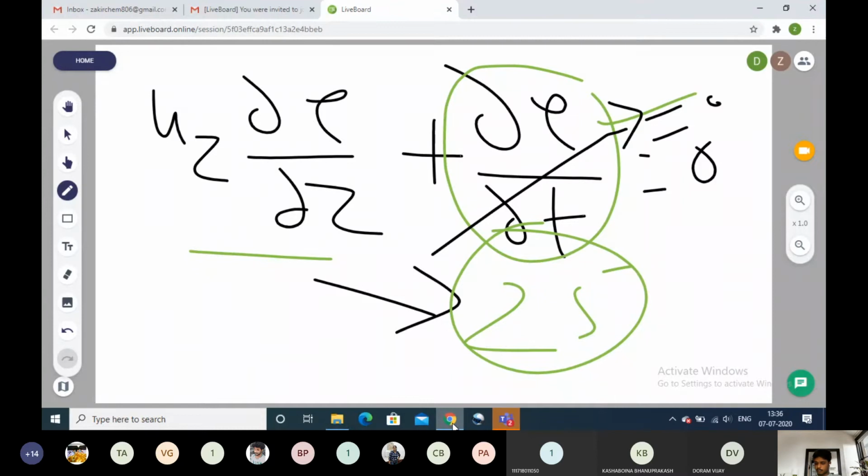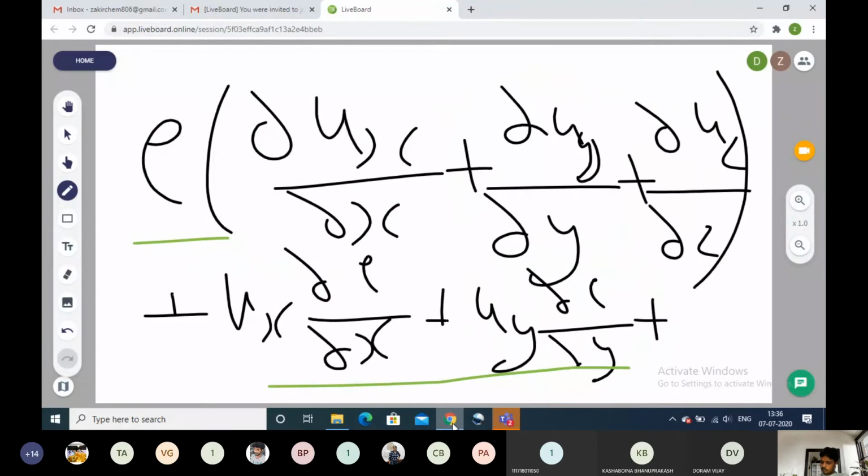The next assumption, we already defined the chemical reaction is 0. And the next assumption is that density is uniform, independent of spatial coordinates, independent of x, y, z direction, so this term is also 0. Now the left out term is only this one.